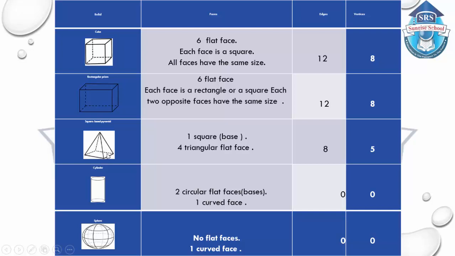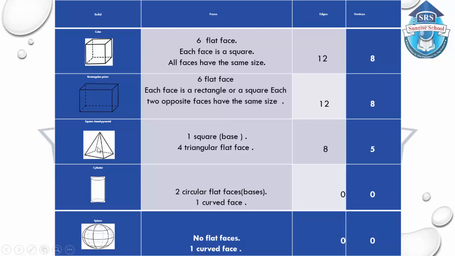It has 8 edges. Let's count edges together. 1, 2, 3, 4, 5, 6, 7, 8, and 5 vertices. 1, 2, 3, 4, 5. 4 vertices here, 4 points here.